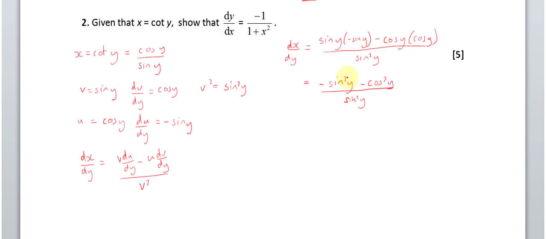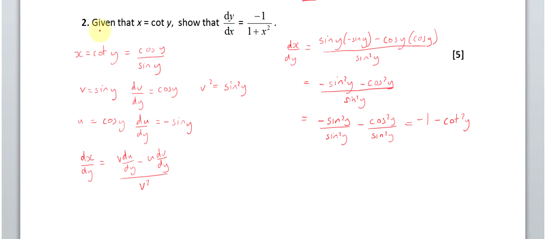Now, tempting to do several things here, but the one that's going to get us what we want is to split this up. So we've got minus sine squared y over sine squared y, and then we've got minus cos squared y over sine squared y, and that gives us minus 1 from this term here, and then minus cot squared y from this term here.